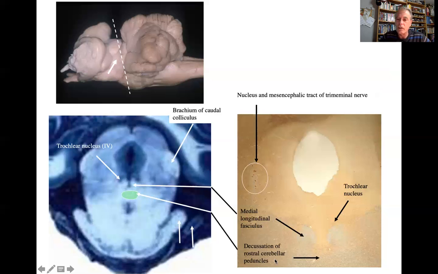This is the decussation of the rostral cerebellar peduncles. As we will see when we talk about the cerebellum, it is connected to the brainstem through the rostral, medial, and caudal cerebellar peduncles. The rostral one is formed by fibers that leave through the rostral cerebellar peduncle, right? They cross the midline at the decussation of the rostral cerebellar peduncles, and they go to the prosencephalon. Okay.